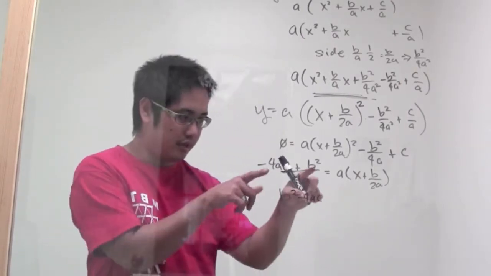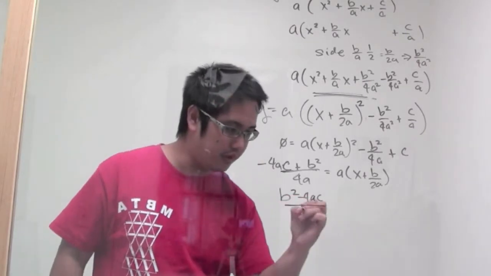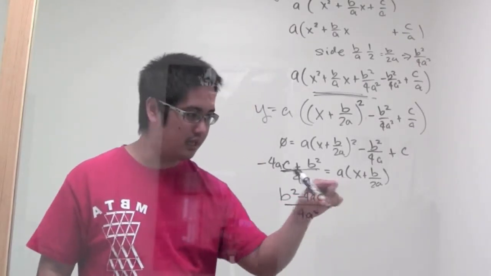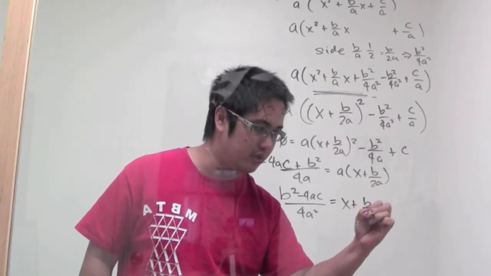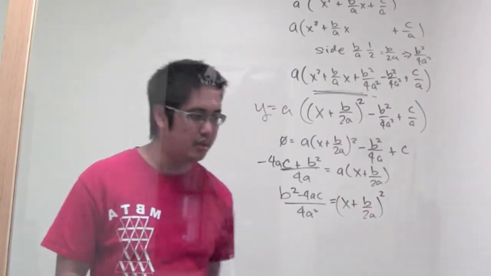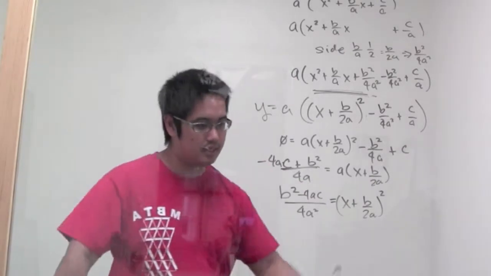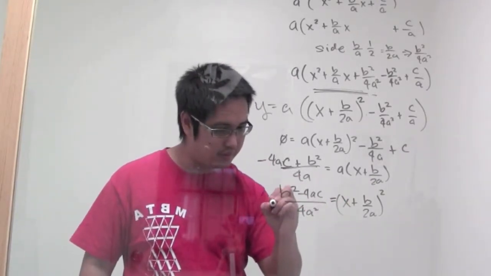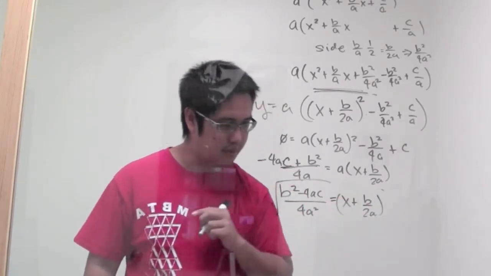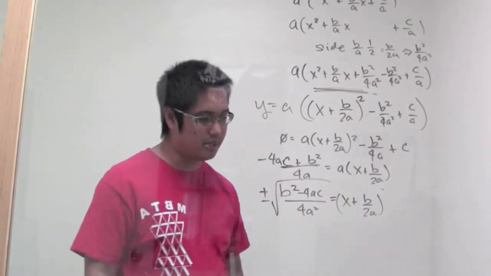See, all I do is switch those around. Divided by 4a squared, because that a is going to come down there, is equal to (x plus b over 2a) squared. I'm going to take the square root of both sides. So that would be the square root of this side, and the square root of that side gets rid of that square. I tack on a plus or minus on there.